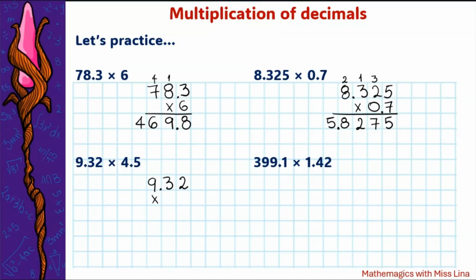Let's check this one. 9.32 times 4.5. 5 times 2 is 10. 3 times 5 is 15, plus 1 is 16. 5 times 9 is 45, plus 1 is 46. 4 times 2, 8. 4 times 3, 12. We carry the 1. 4 times 9 is 36, plus 1 is 37.